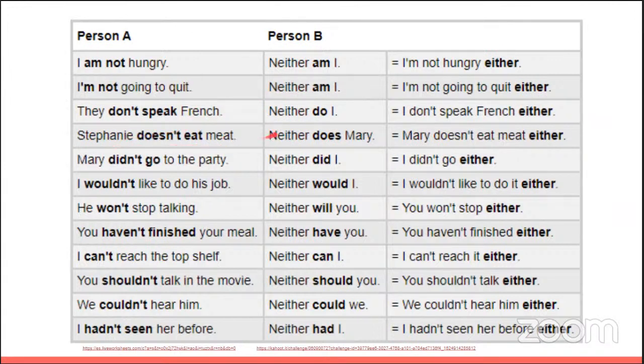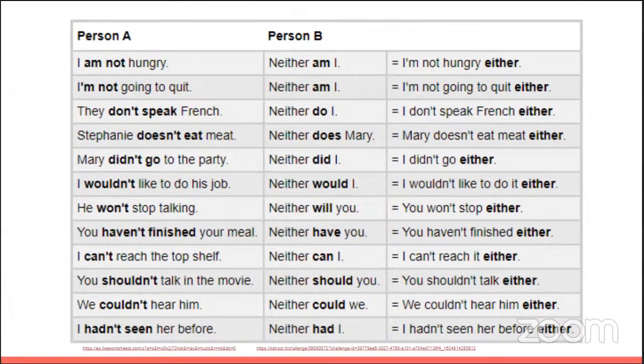Stephanie doesn't eat meat. Neither does Mary.